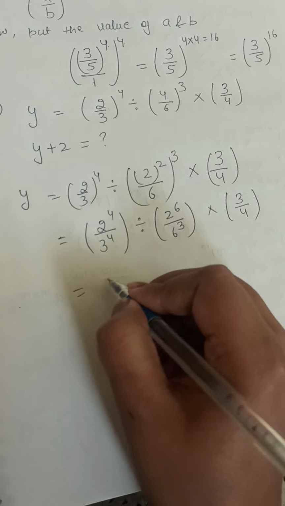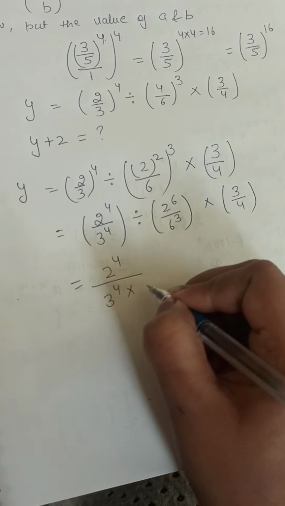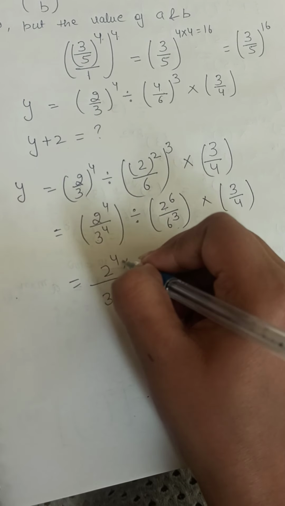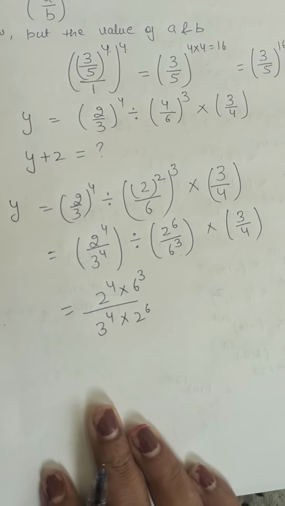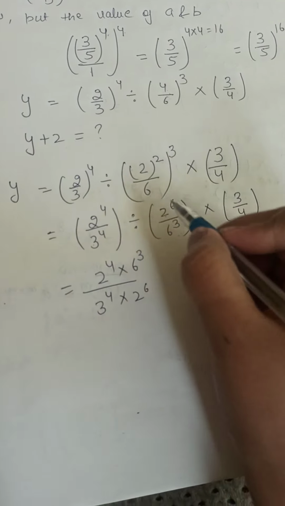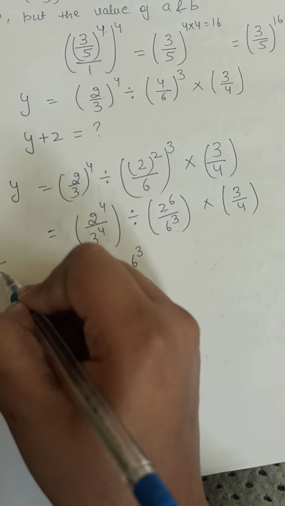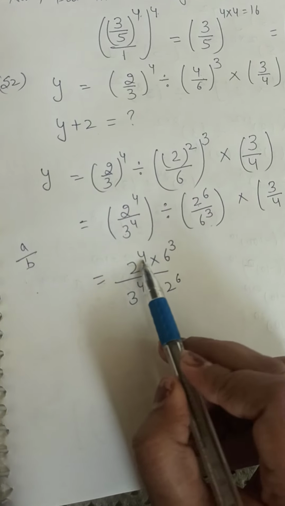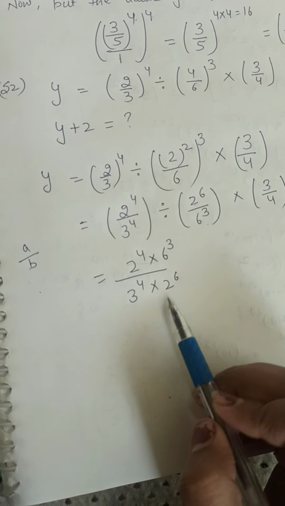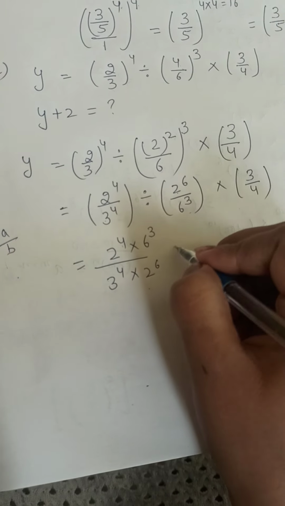Solve it. So this 2 to the power 3 by 6 will remain here, and this 6 to the power 3 will go up. Clear? This will go up. When you write in the form a by b, this will be the numerator and it will come to the denominator. So 2 by 6 will remain here and 6 to the power 3 goes up.